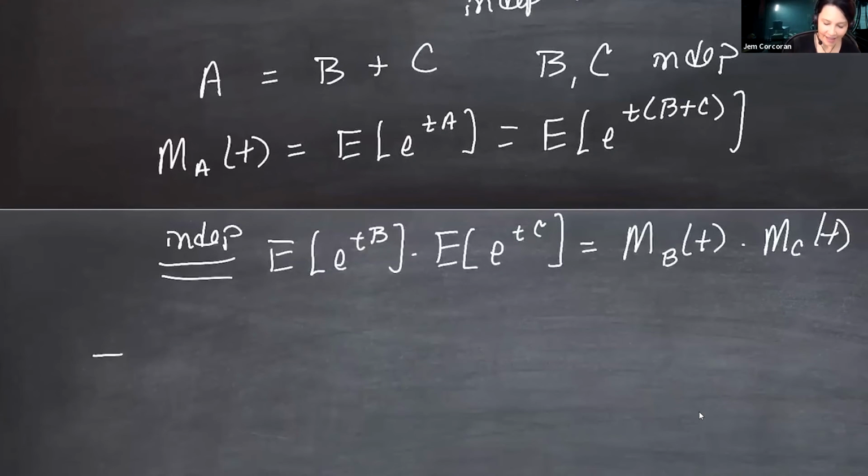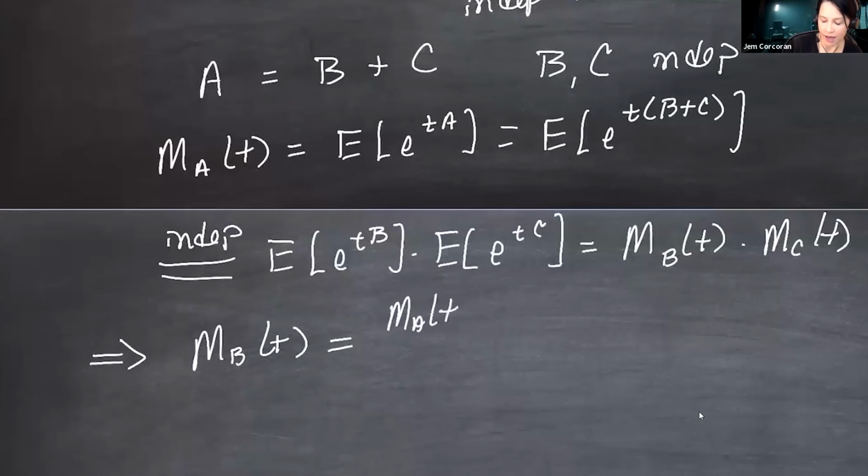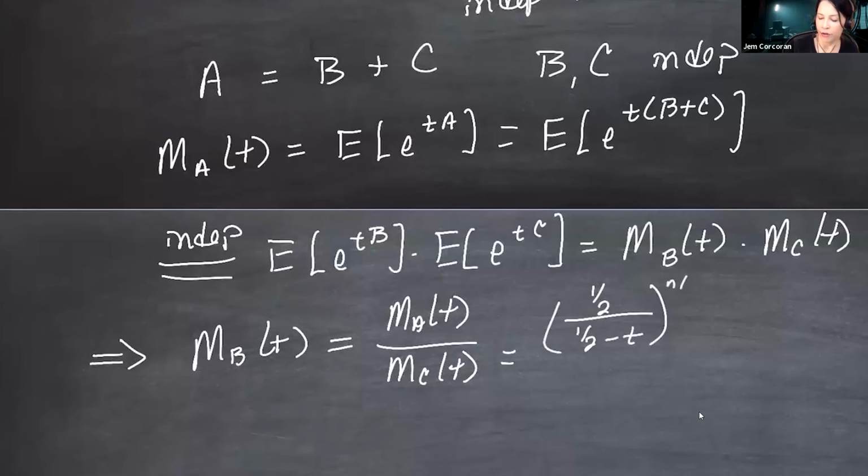So the moment generating function for B is the moment generating function for A over the moment generating function for C. And A was a chi-squared n, so that was (1/2 over 1/2 minus t) to the n over 2.